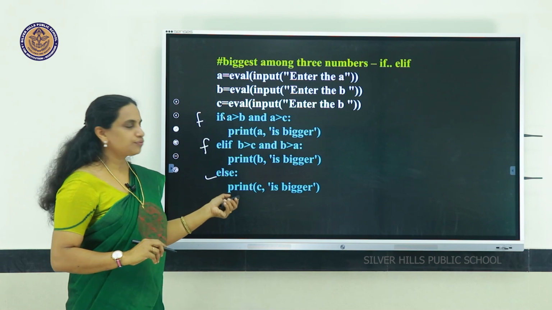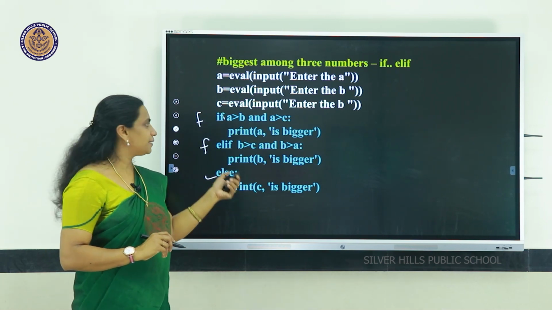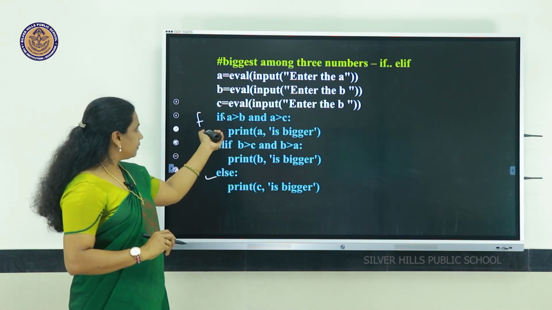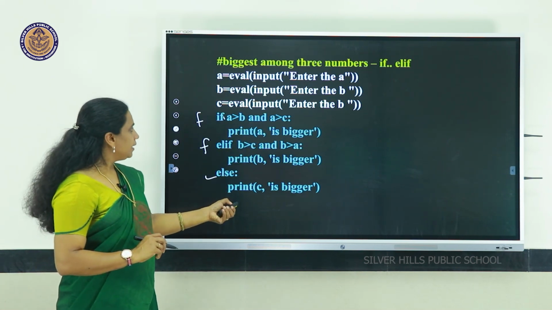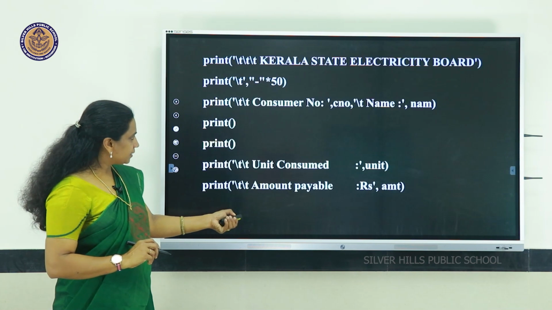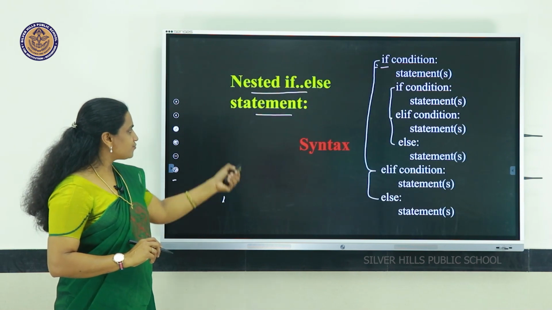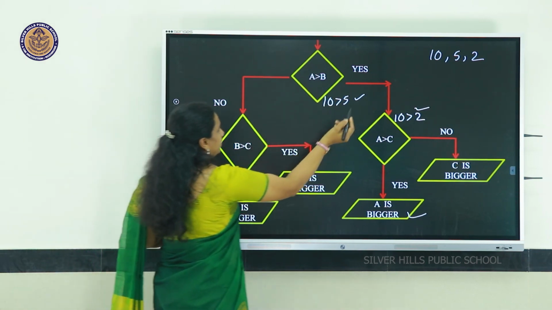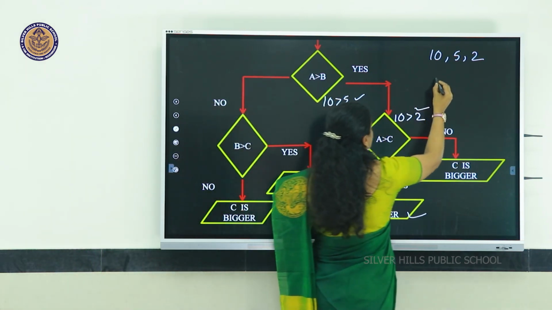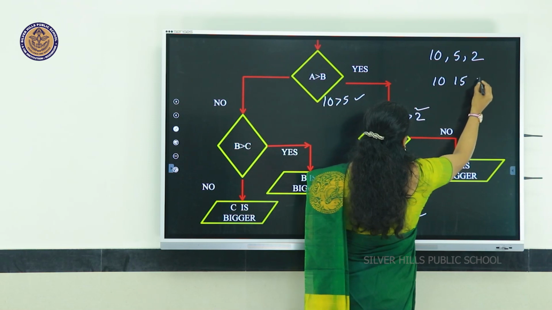This flowchart is for finding the biggest among 3 numbers. Earlier we had used one program for finding the biggest among 3 numbers by joining with the AND operator like this. Now, this is another program for finding the biggest among 3 numbers. Now let us see, the values are like this, 10, 15 and 2.